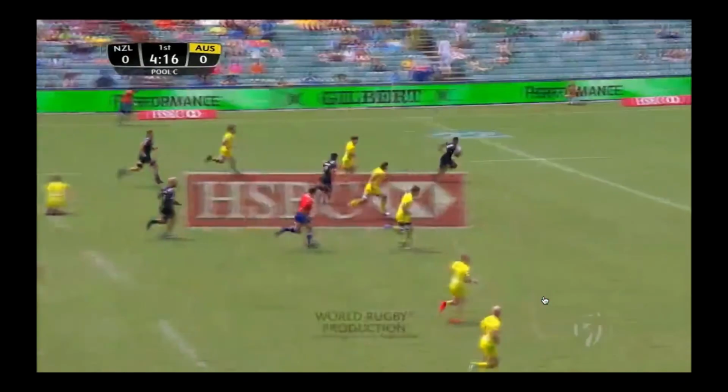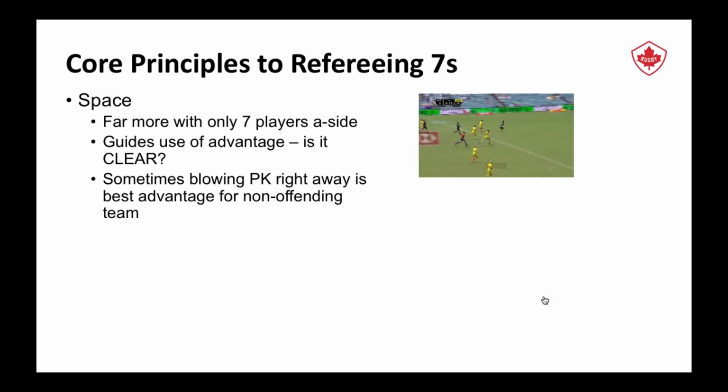And then advantage over right after the line break there. So excellent communication by the referee, and it's clearly on, right? It's clearly an opportunity for Black to be able to play the ball in that space now that they've had that penalty. So clear advantage, not 10, and then clear advantage over.